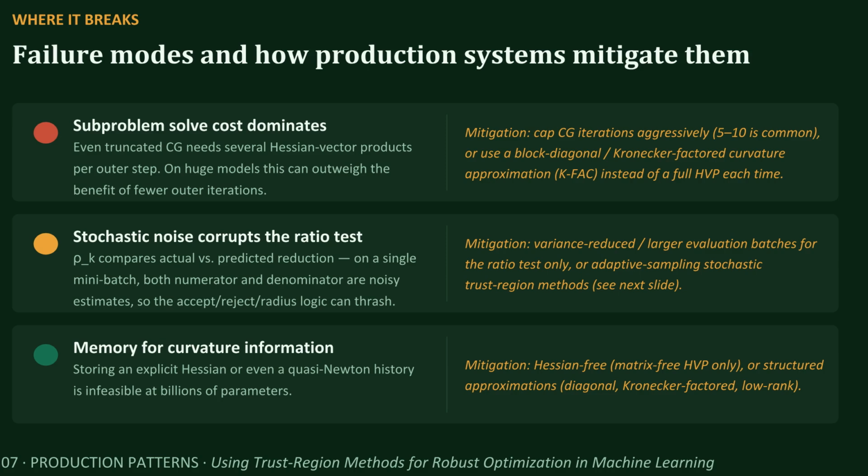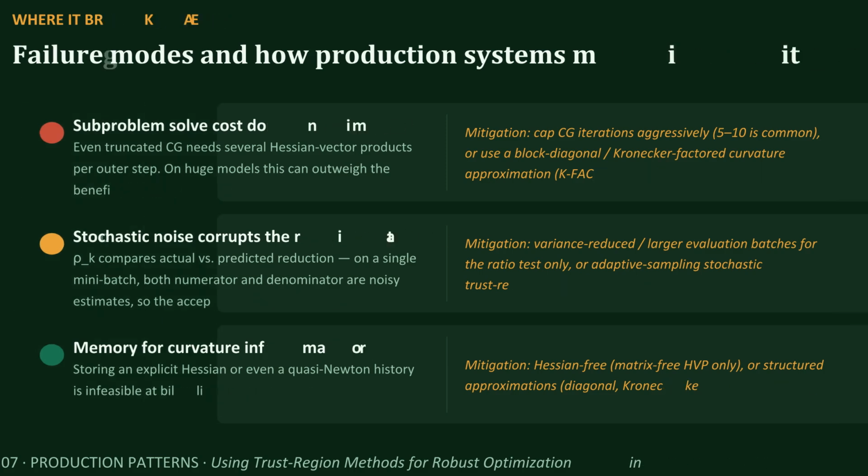Third, memory for curvature information. Storing an explicit Hessian or even a quasi-Newton history is simply infeasible at billions of parameters. The mitigation here is to stay fully Hessian-free, matrix-free Hessian vector products only, or to use structured approximations like diagonal, Kronecker-factored, or low-rank curvature.